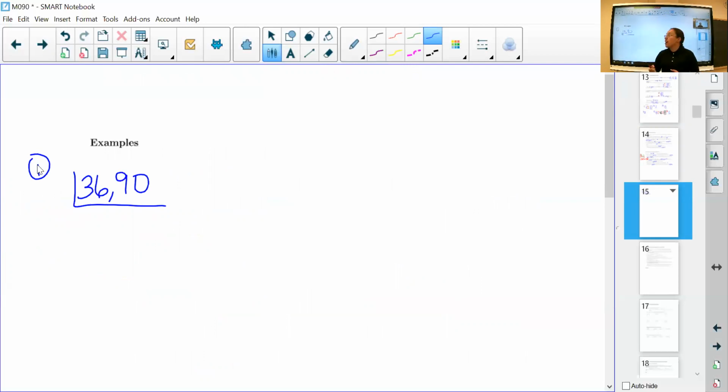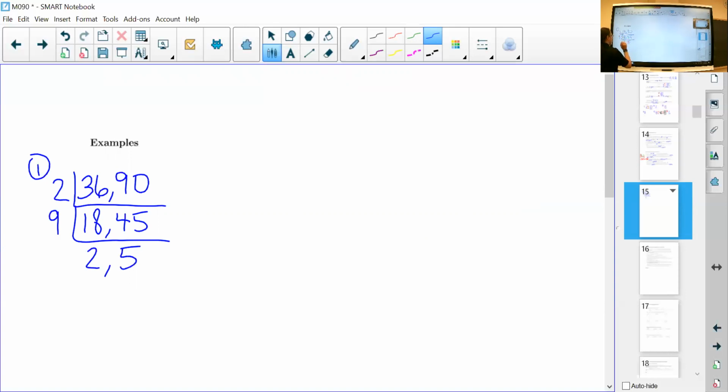Doesn't matter if I take out the largest thing that goes in there or just the largest thing that I happen to notice. Maybe I just see, oh yeah, they're both even. Take out a 2. 2 goes into 36 18 times and into 90 45 times. And then I say, oh wait, those are multiples of 9. Let's take that out. 9 into 18 twice, goes into 45 5 times.